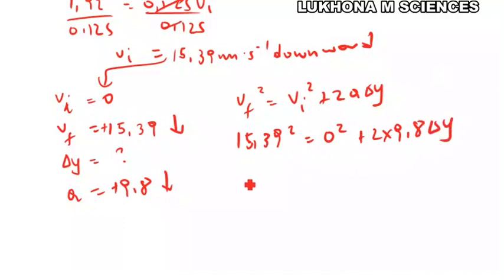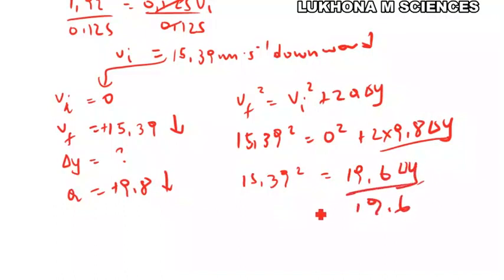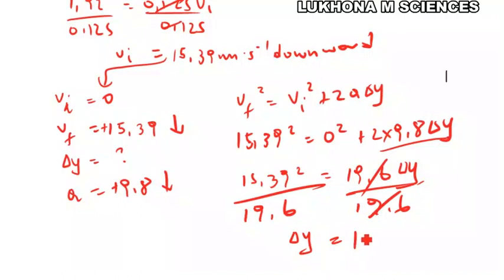Then we get 15,39 squared, which is equal to 19,6 delta y. Then we divide by 19,6 both sides. Therefore dy is equal to, let's press the calculator, we get 12,084 meters down.